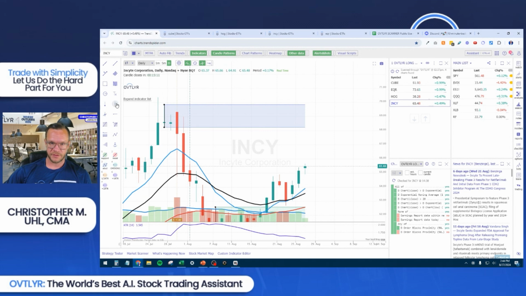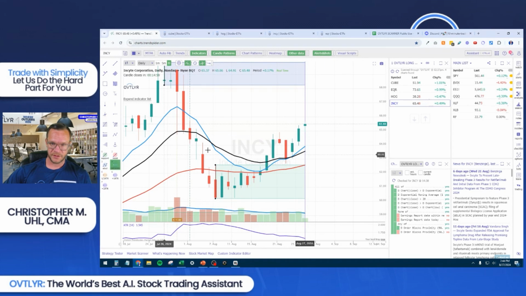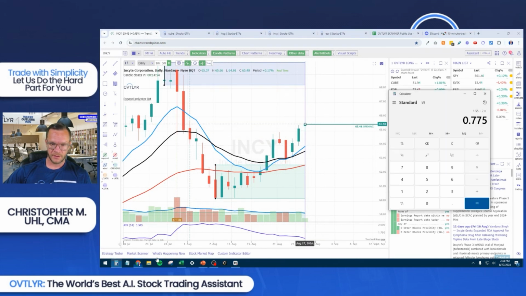So let's remove this segment. Let's fill in all of our details here. So the ATR value, looking in this corner down here, currently is at 1.55. 1.55 divided by 2, 77.5 cents. So let's hit opening. So 65.48 minus 78 is 64.70.